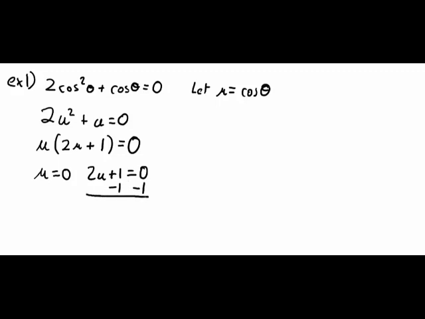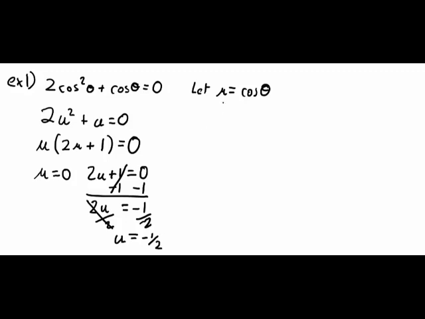We can subtract 1 from both sides, so 2u is equal to negative 1. Then we divide both sides by 2, and this gives u equals negative 1/2.